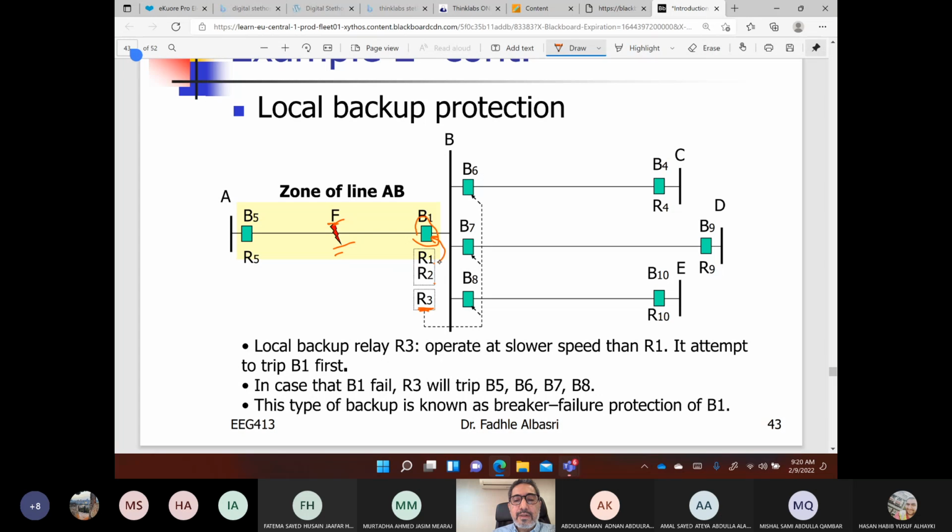So this relay will know that they have already sent a command to this breaker, and this relay will not trip this breaker unless the time has elapsed.